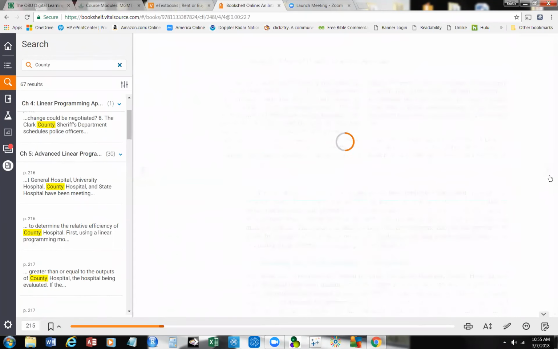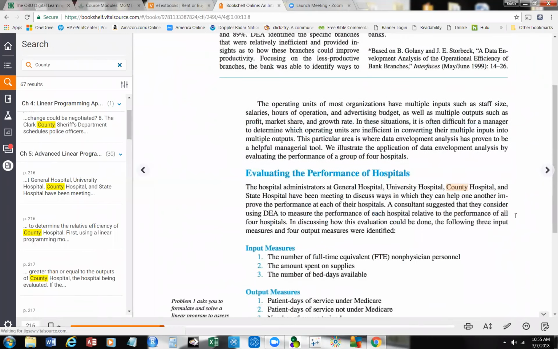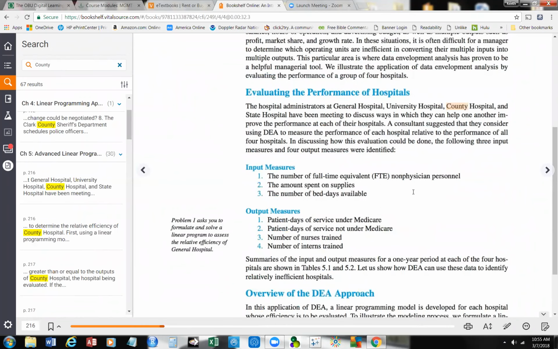And the whole idea is to develop a composite using input and output measures, okay? In other words, things that would look like some constraints, and that we could build into a mathematical model as a way to say, okay, here's the composite hospital based on the hospitals in our system.